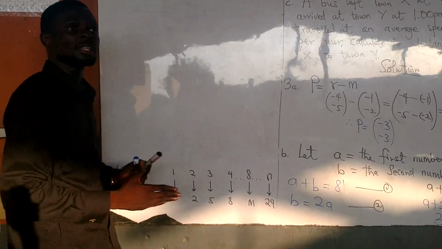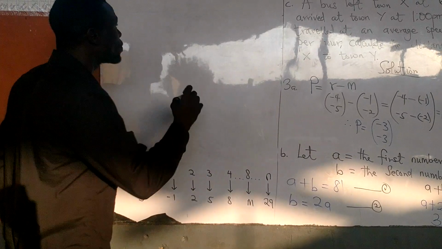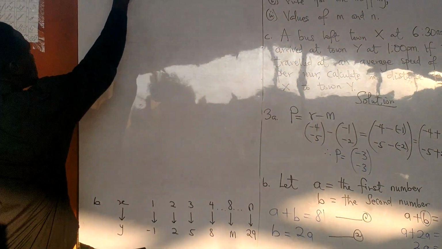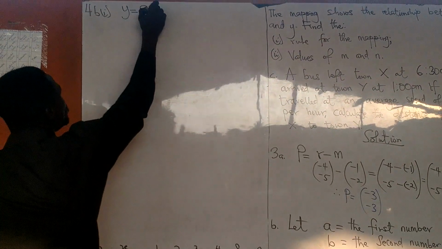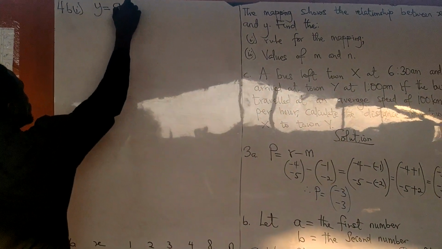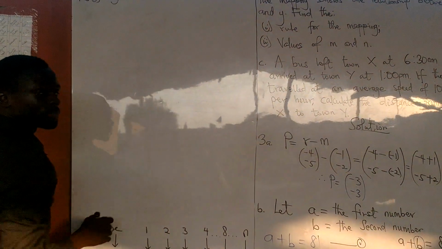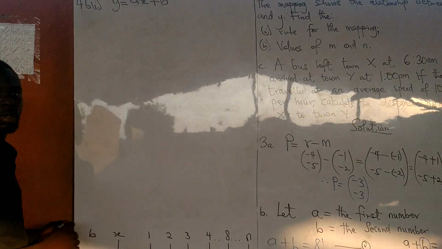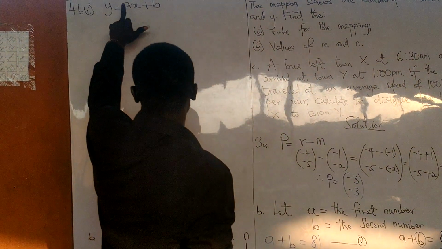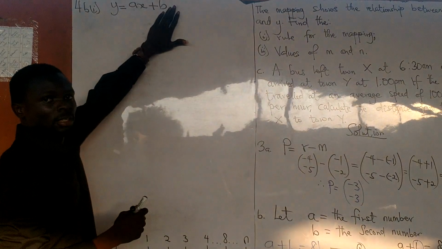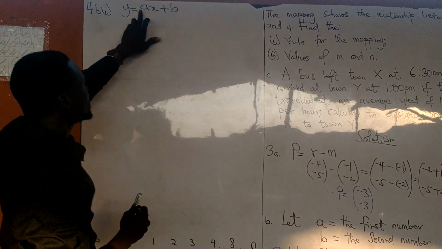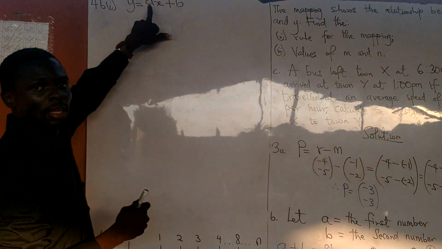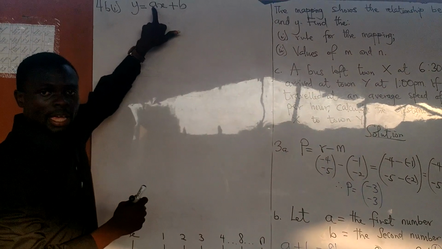Since we know the differences of the domain and the codomain, then we are going to use the rule which says y is equal to ax plus b. And what is a? We will have to solve for a.